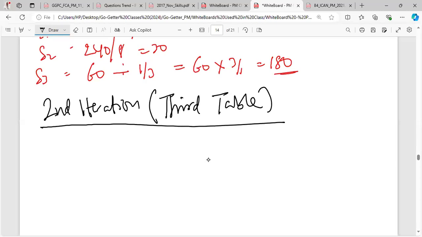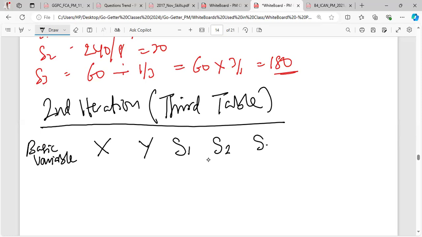We have our basic variable, then we have X, we have Y, S1, S2, S3, and solution quantity.